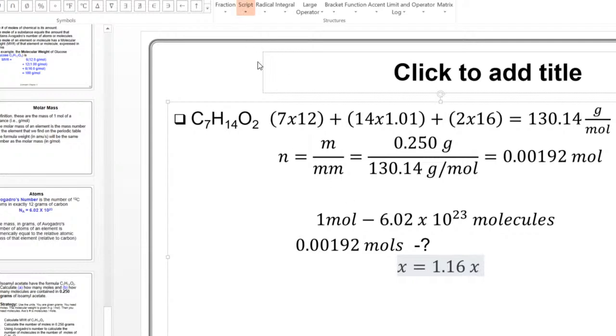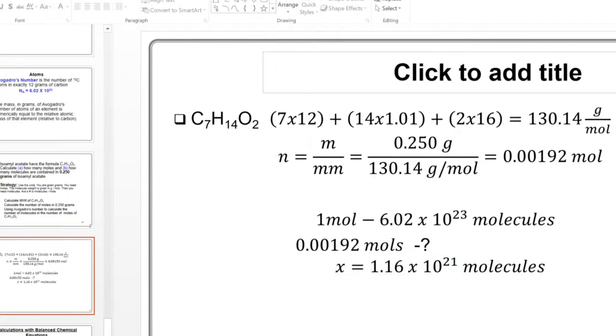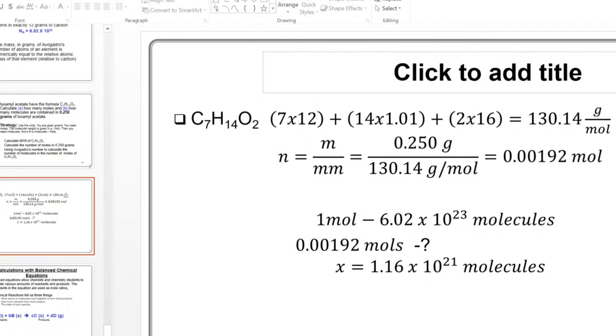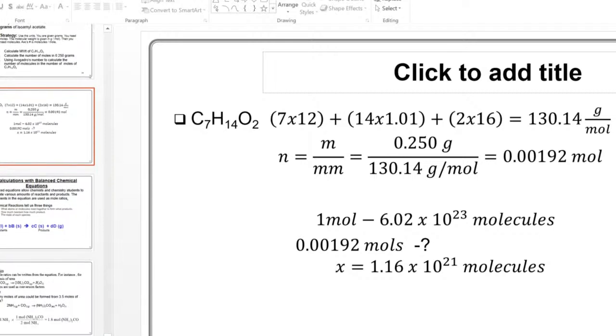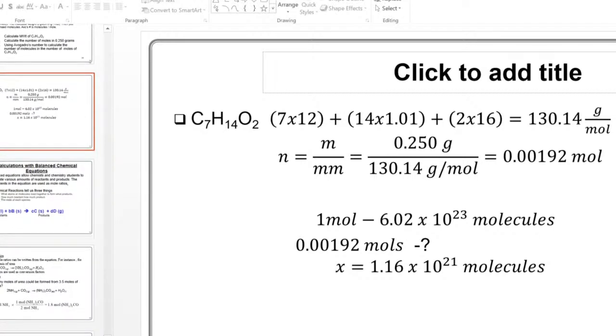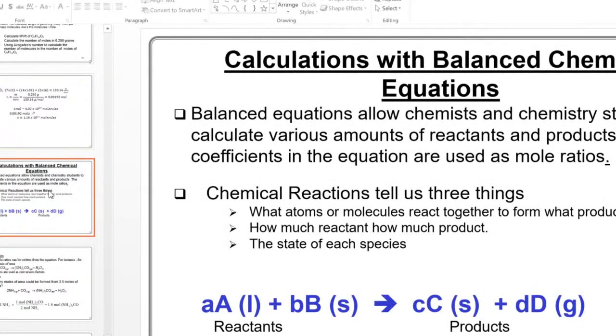Okay, so can you please verify those numbers for me, so that we move on the same page. Okay, so that's how we use Avogadro's constant to help us determine the number of atoms, molecules, or ions in a given substance. Okay.